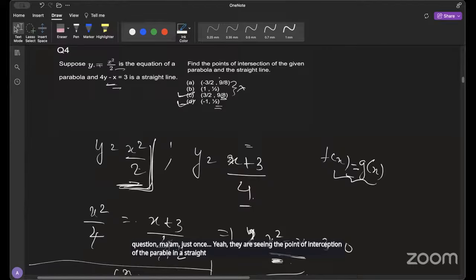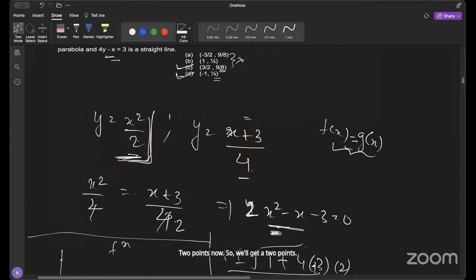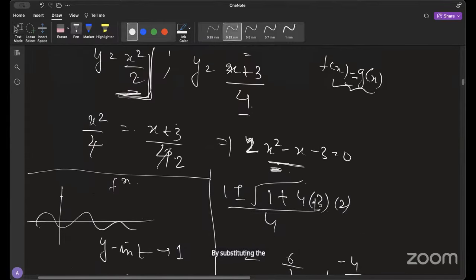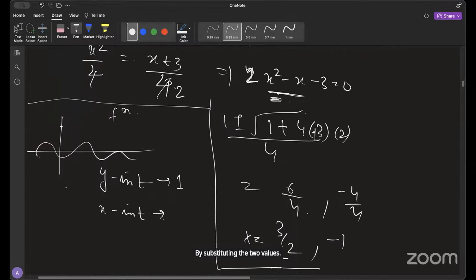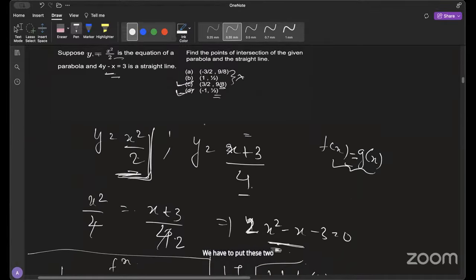So there can be two points. So we'll get 2 points by substituting the two values. That's not necessary. It depends on the line and the parabola. Maximum we can get at 2 points and minimum 1 point. That's what I'm saying. So we have to put these two x coordinates in the y, and then cross check: are these 2 points or is there 1 point?